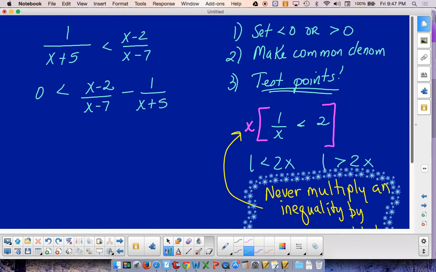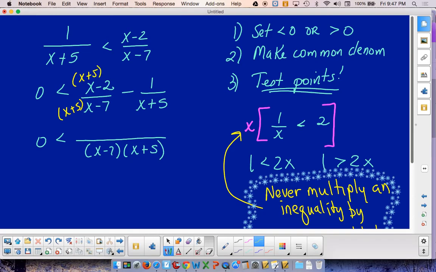Okay, now you literally have to make a common denominator. Well, obviously it's got to be x minus 7 and x plus 5. So the first fraction is missing the x plus 5, so we're going to multiply it, of course, by x plus 5. And oh great, we get to FOIL it together, hot dog. That's going to make x squared plus 3x minus 10.